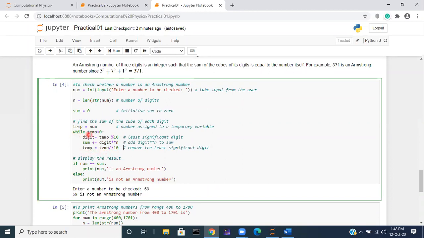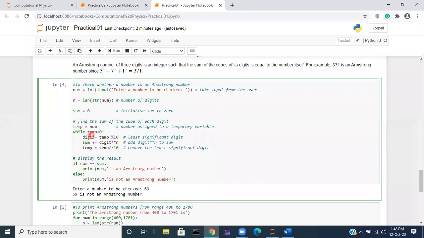Now next, you divide 3 by 10 and take the remainder. The remainder is 3. Next step, 3 to the power n is added to sum. So 3 to the power cube. In 3 steps: 1 cube, 7 cube, 3 cube. Next, 3 divided by 10, the quotient is 0.